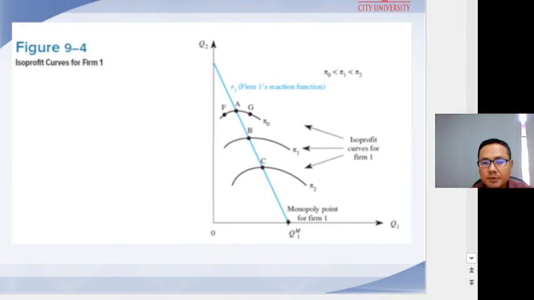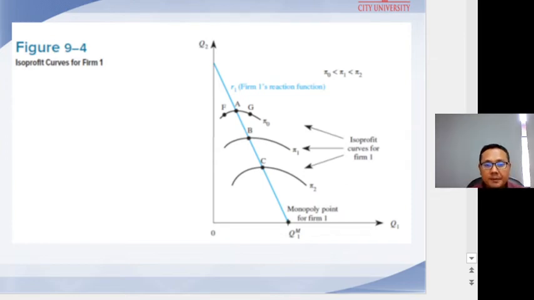For instance, isoprofit curve pi 2 implies higher profit than pi 1, and pi 1 is associated with higher profit than pi 0. In other words, as we move down firm 1's reaction function from point A to point C, firm 1's profit increases, right?